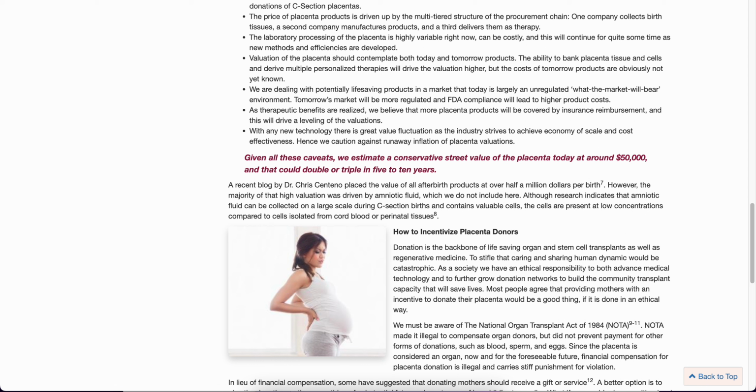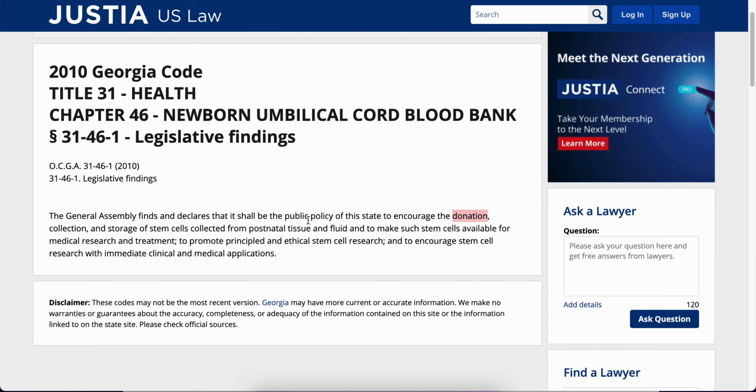So you can donate a placenta and get that kind of money. Now, I know the ladies, the baby mamas, be thinking, damn, I missed out on that. But anyway, it says collection and storage of stem cells.